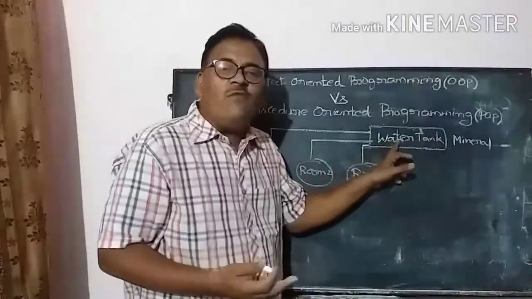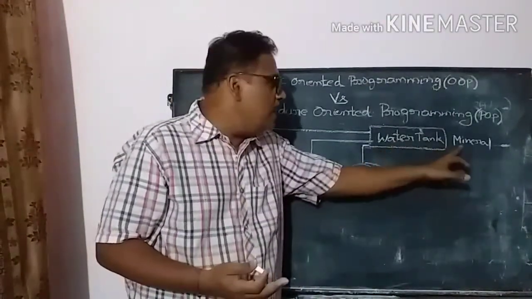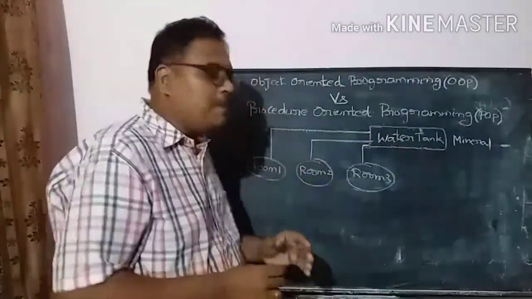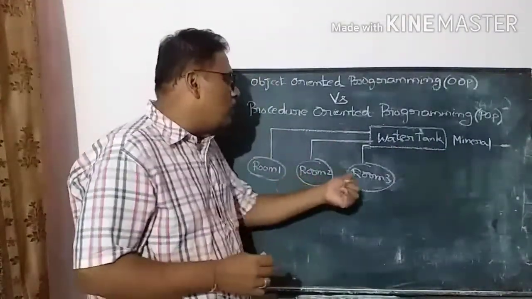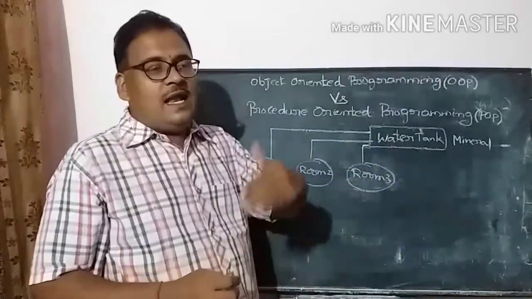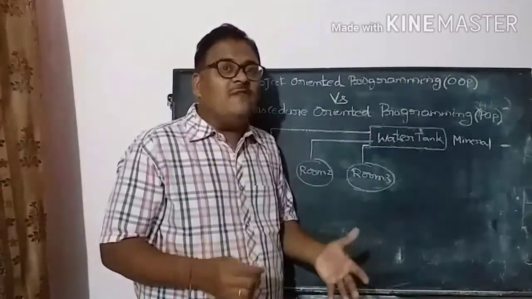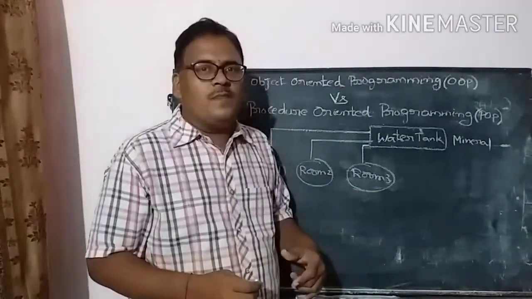What is the purpose of the water in this tank? It is mineral water used only for drinking. But the persons in the rooms use it for other purposes, so it means wastage of water is going on.